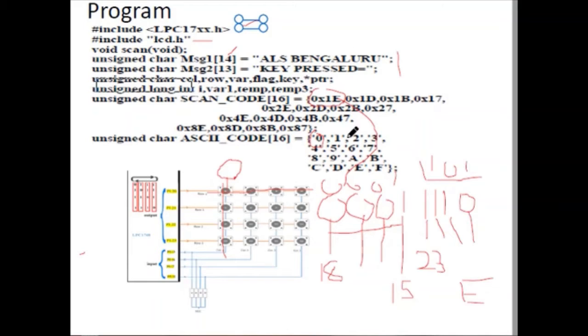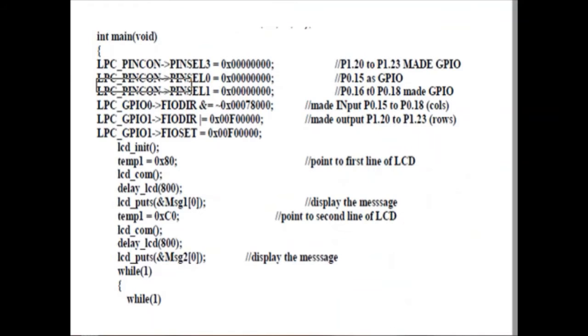So this is the scan code. That means once you press 0, it will scan the value as 1E and it will display the value as 0.